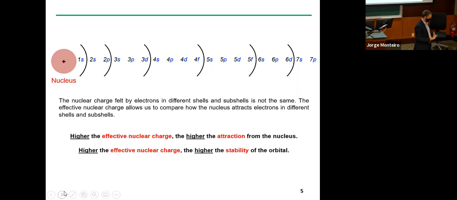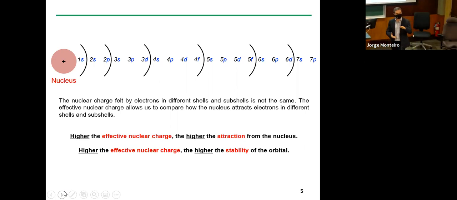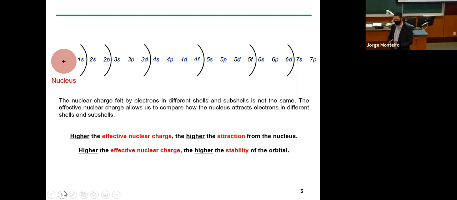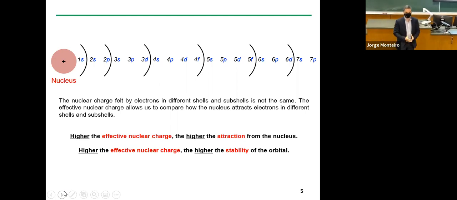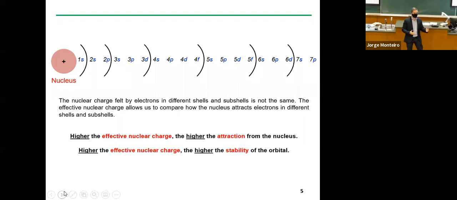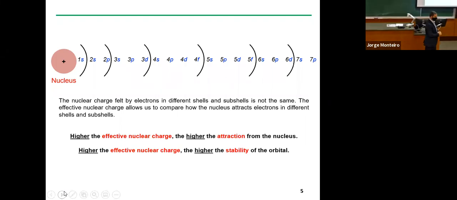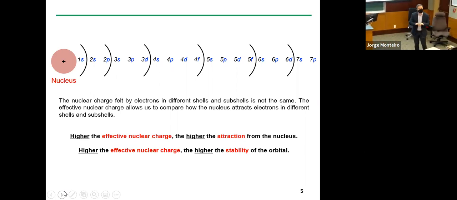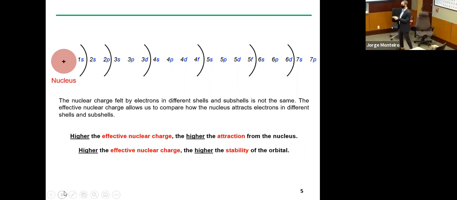More attraction felt by the orbital means the energy will decrease and this orbital will achieve stability, or be more stable. Okay, so keep that in mind. Very important concept.